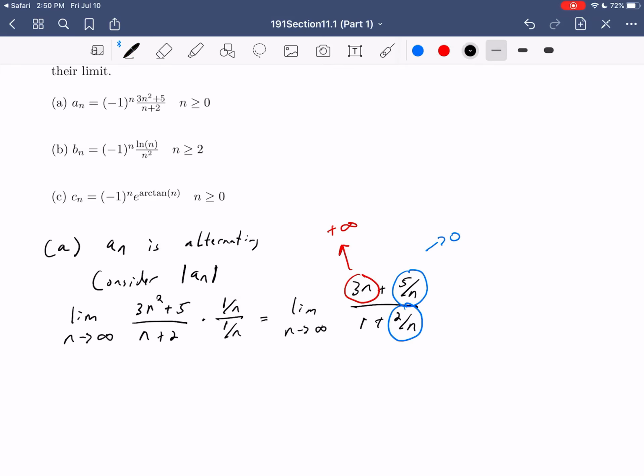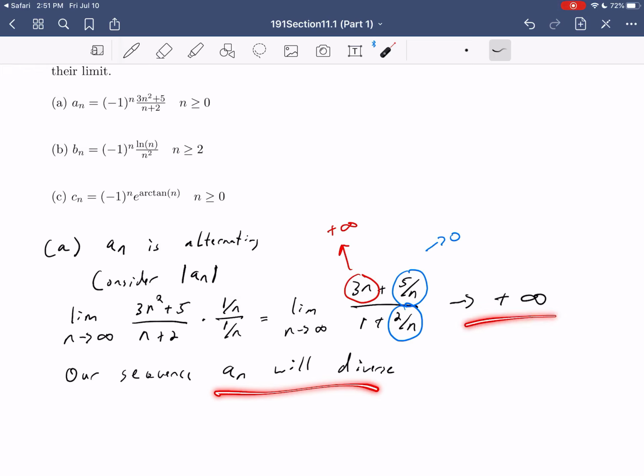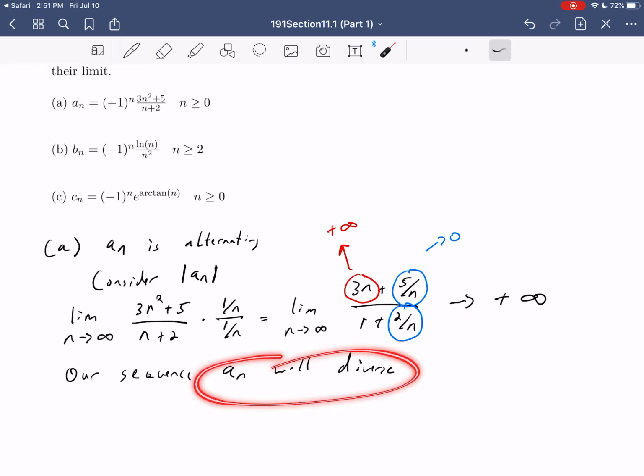So overall, this thing is going to tend towards positive infinity. So the absolute value tends towards positive infinity. That should tell us that our alternating sequence is going to diverge. So our sequence, A sub n, will diverge. Is ours going to diverge to positive infinity? Well, no, because ours is alternating.